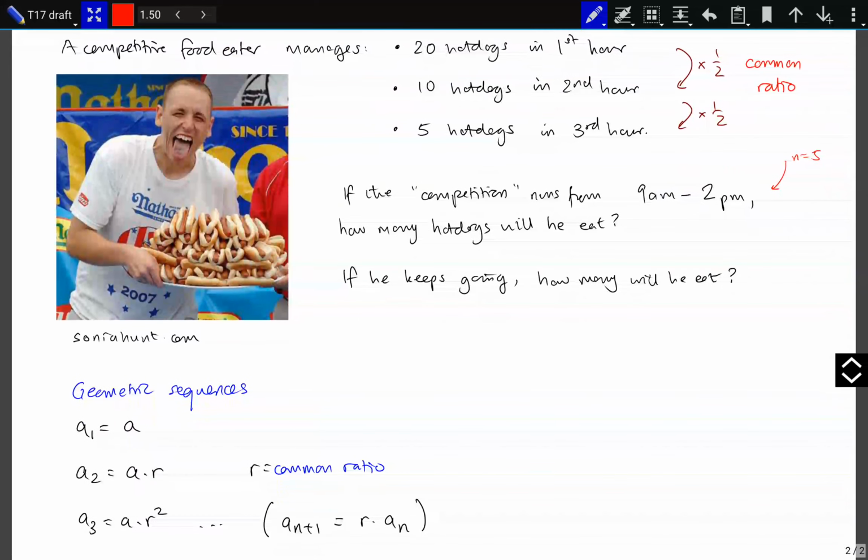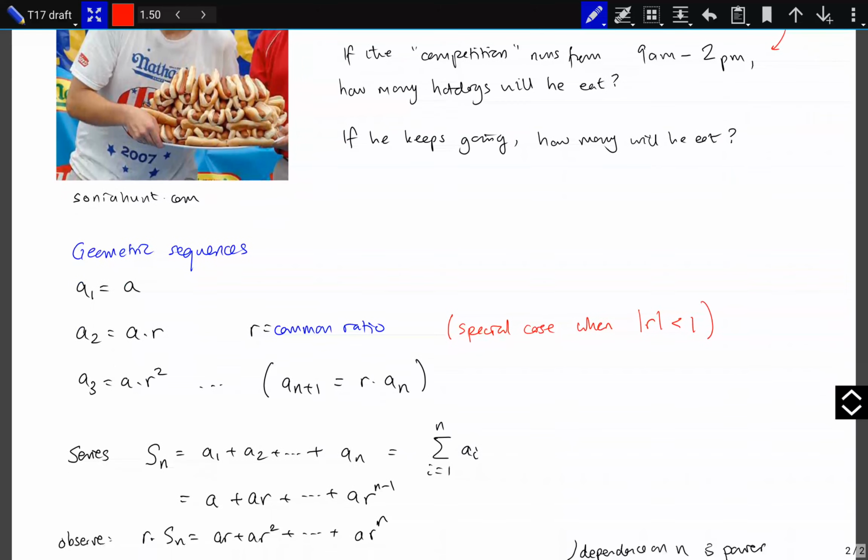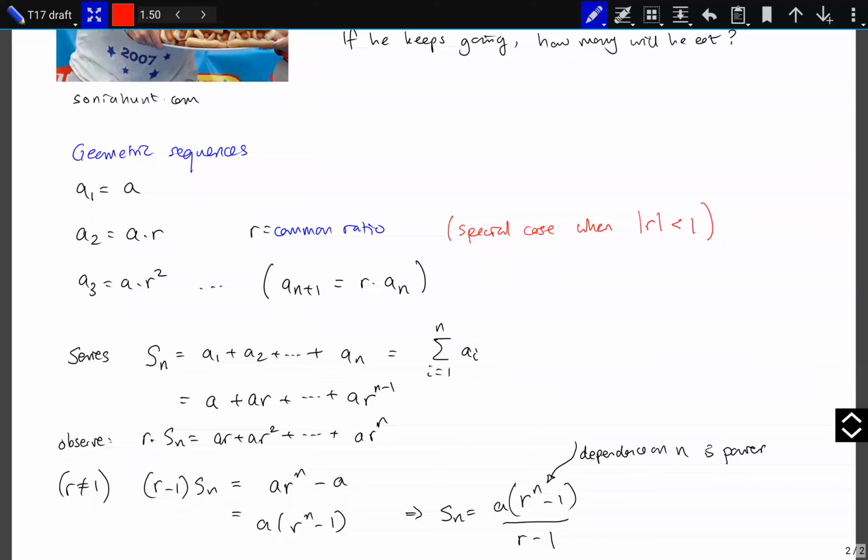But we'll find out later about the special case when the size of r is less than 1. In this case, the sum of the terms will actually converge. The recurrence relationship says the next one is r times the previous one.